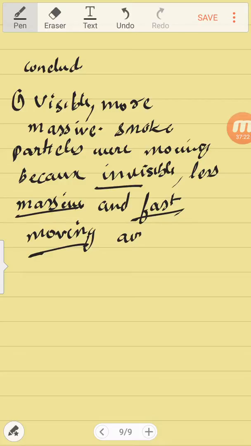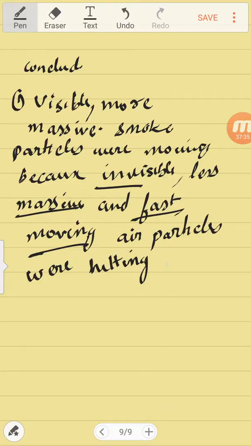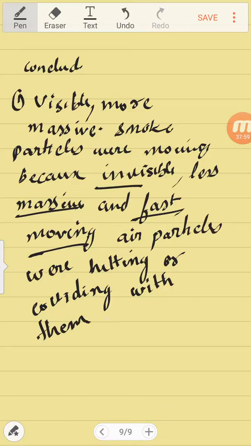Air particles were hitting or colliding with them.